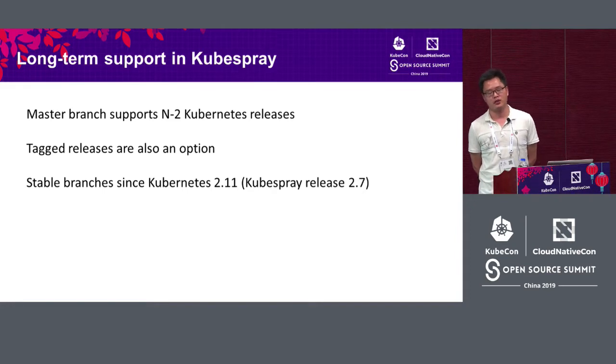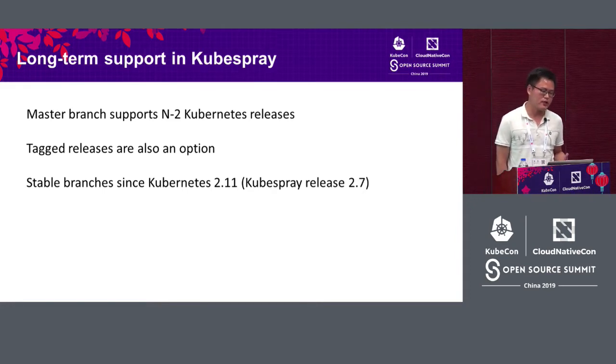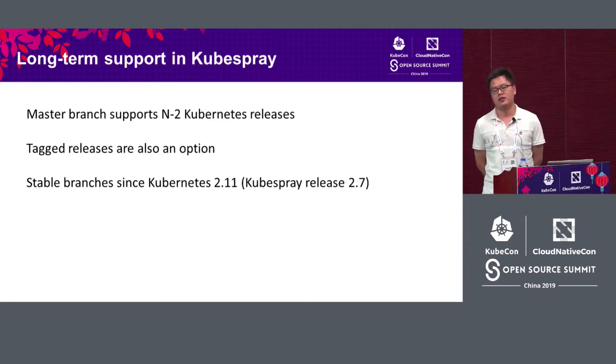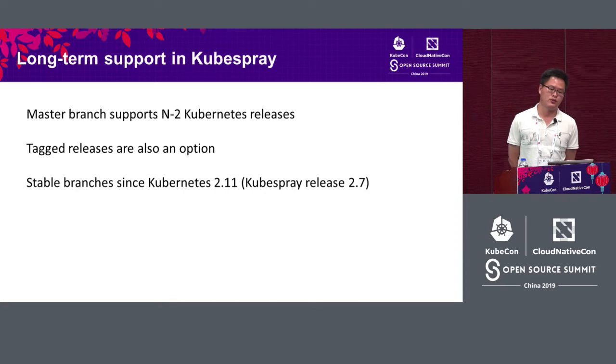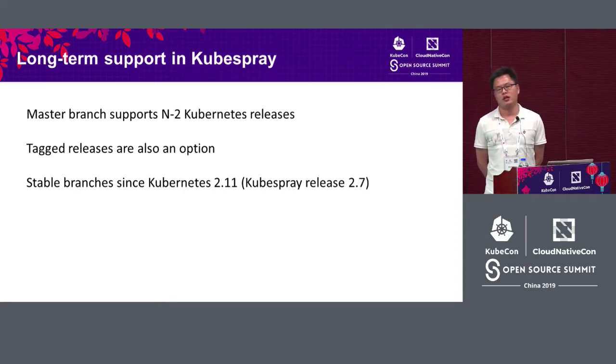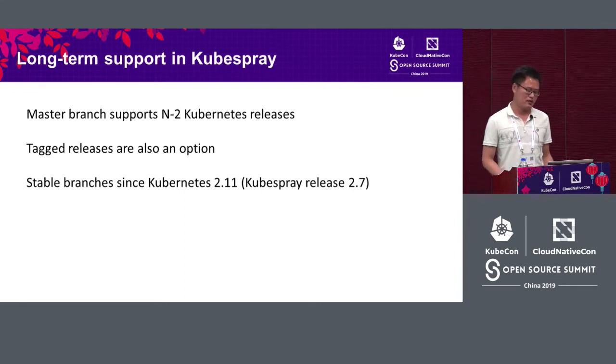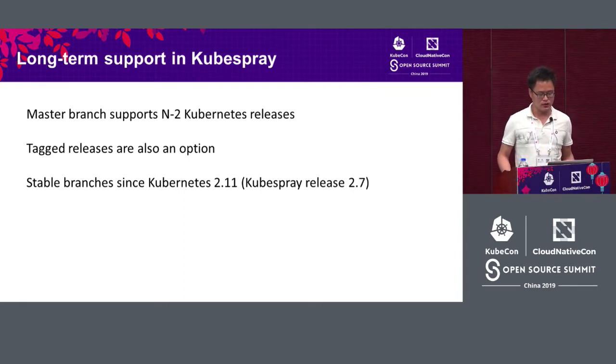For example, 2.7, 2.8, and later we will support 2.8.1 or 2.8.2. If we have bugs, we can fix them ourselves, and also we can fix the master branch bugs. And if you want a release faster, you can tell us, and we can release it pretty fast.